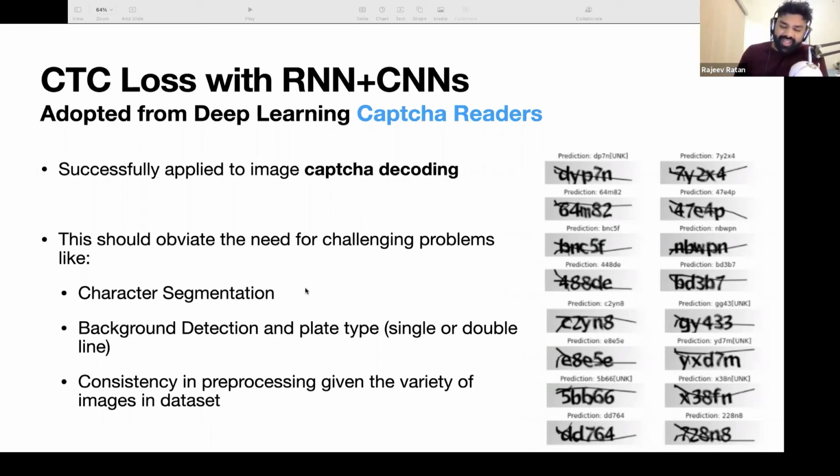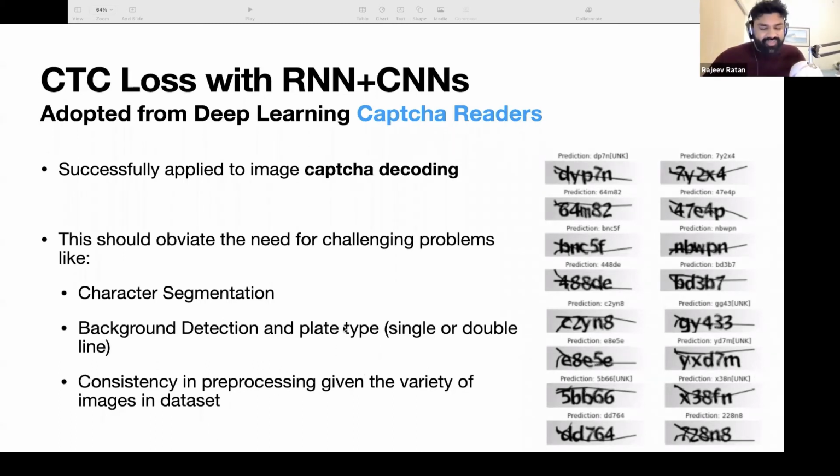This helped a lot because we already have our license plates extracted into these little files, like I'll show you shortly after, and they're already labeled. So we don't need to do any character segmentation afterward. And we don't need to separate plates into single or double line, or white background, black background plates.